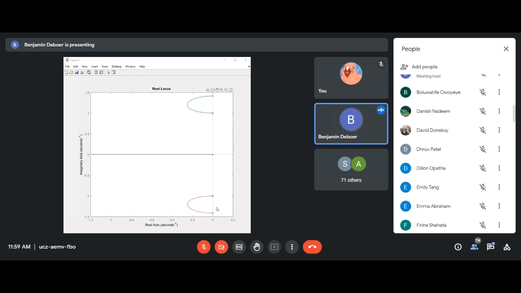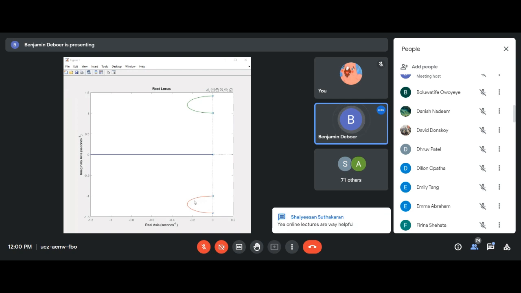I forget who asked before, but if this was always going to be underdamped: what you can see here is at -1, we're at approximately 0.2 or -0.2. So you're going to, yes, always be underdamped in this situation. However, it is stable for all ranges of K. And so that's the solution to that.